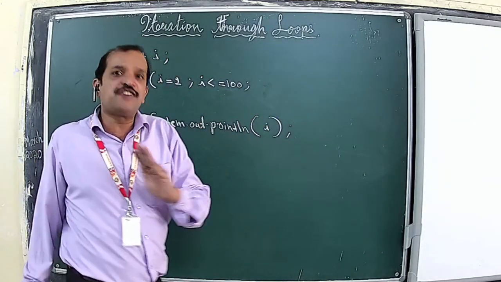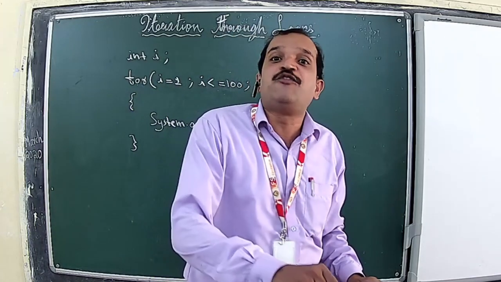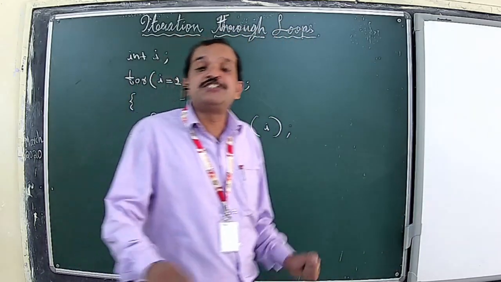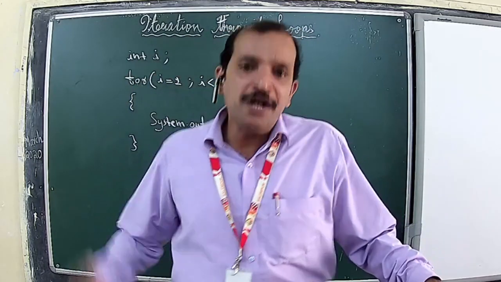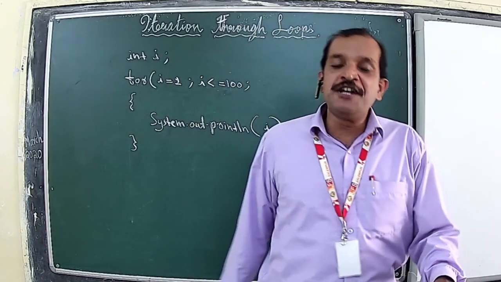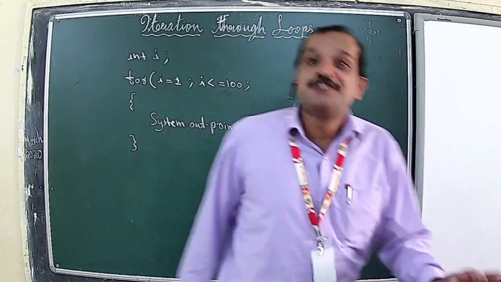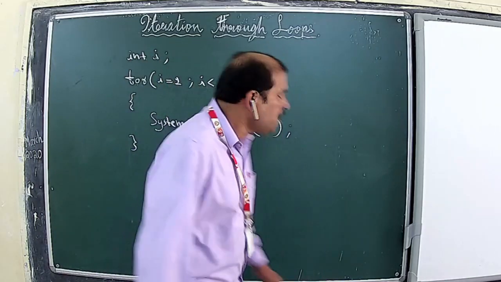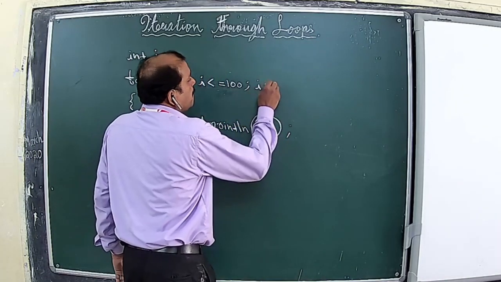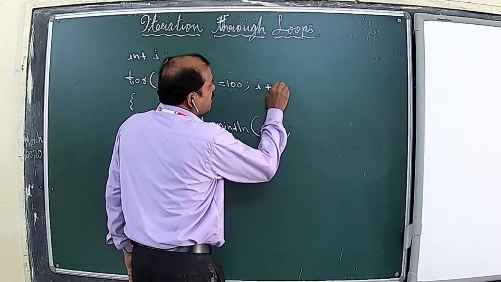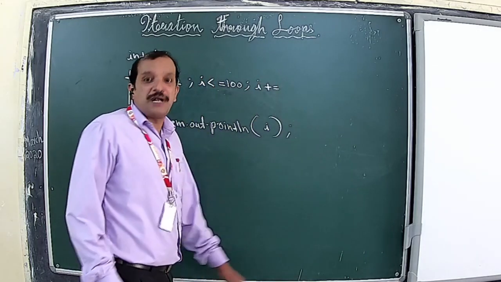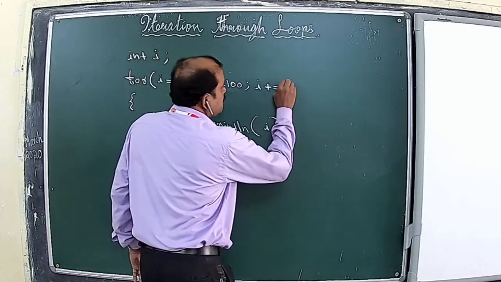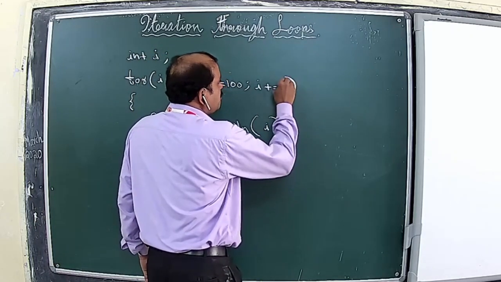Instead of increasing the value of this loop control variable by 1, we have to increase the value of this loop control variable by 2. Only then will we be able to print the odd numbers between 1 and 100. So instead of using the increment operator with this loop control variable, we are going to use this special assignment operator, that is i plus equal to 2.